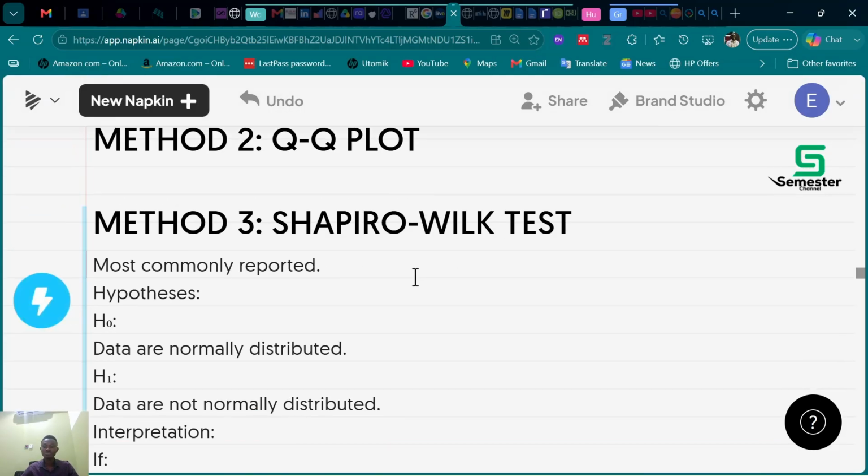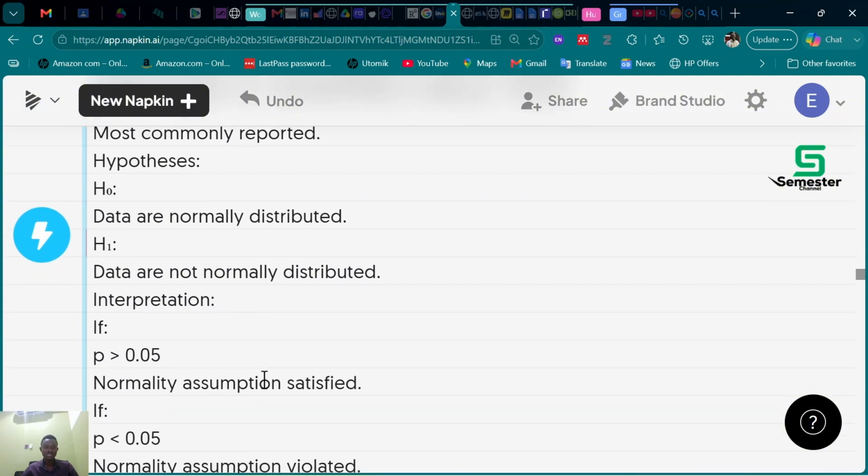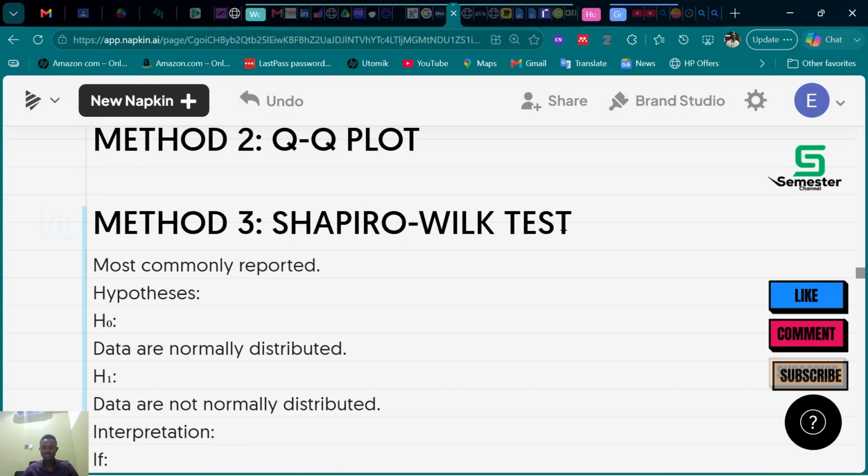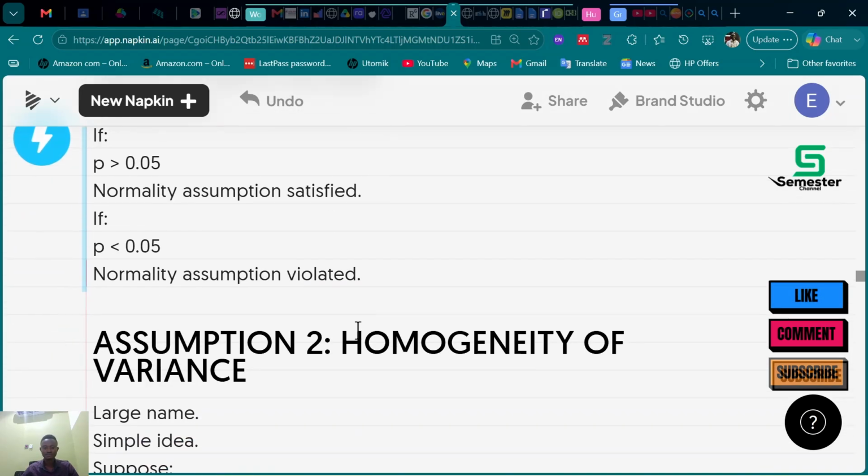We have the Shapiro-Wilk test, which is most commonly reported. If the p-value is greater than 0.05, the normality assumption is satisfied. But if it's less, the assumption is violated, and so you use a different test.